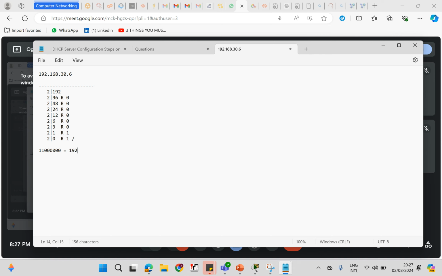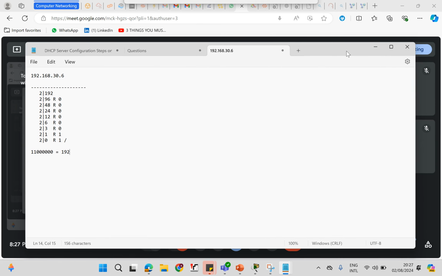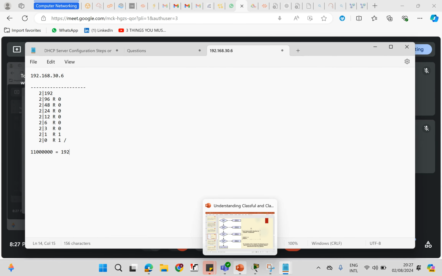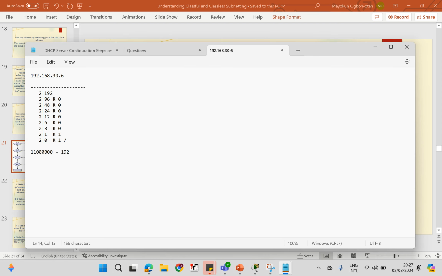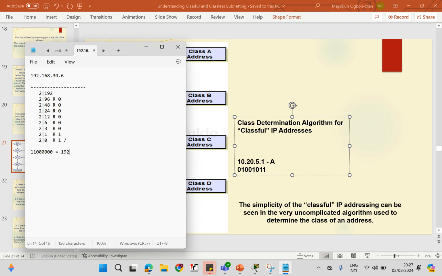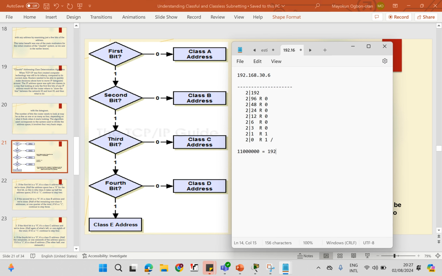So we said that if the first, let's go and check our diagram now. The picture. Are we still here? Can we see it? Yes, sir. Okay, so let's look at it now. The first bit here is 1.